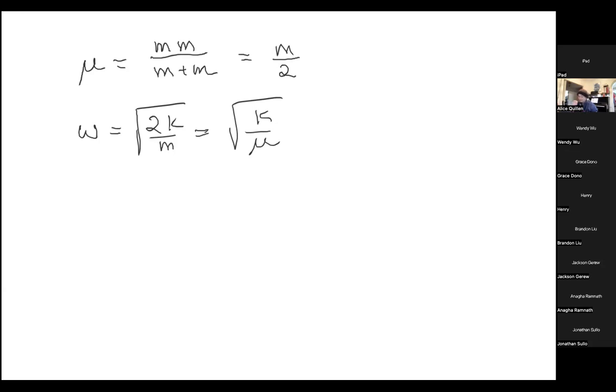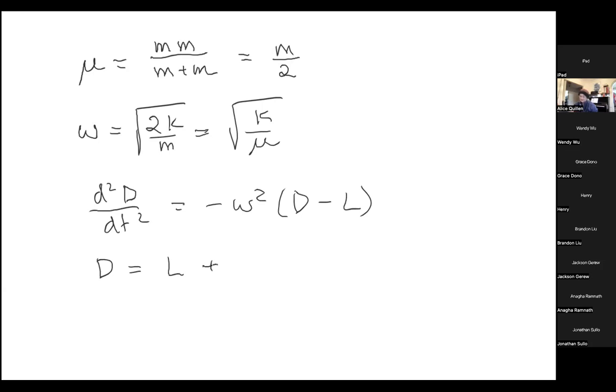Okay, so let's go back to the equation of motion for the distance in between the two masses. I'm just going to write it down again. The solution to this is L plus something that is a harmonic oscillator. If I got rid of L, this would be the equation of motion for a harmonic oscillator.